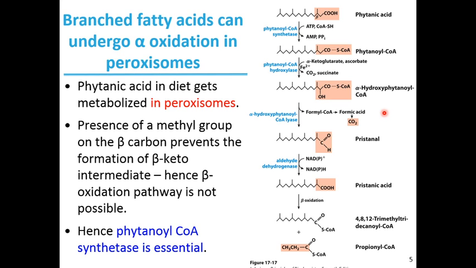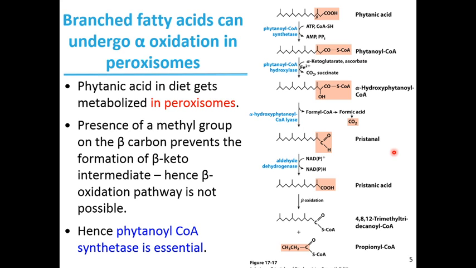And the third step is when a formyl-CoA molecule gets released from this alpha-hydroxy phytanyl-CoA. And the formyl-CoA then gets converted to formic acid and eventually to carbon dioxide. This is catalyzed by the enzyme alpha-hydroxy phytanyl-CoA lyase. As the name suggests, there is a lysis that happens.